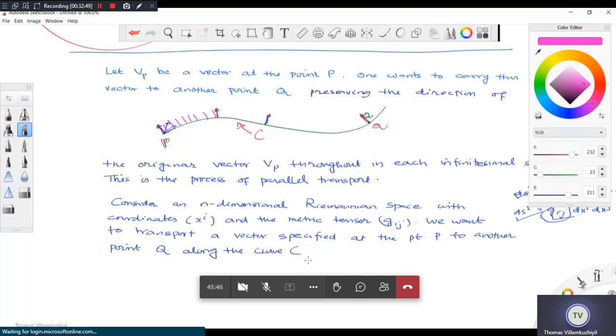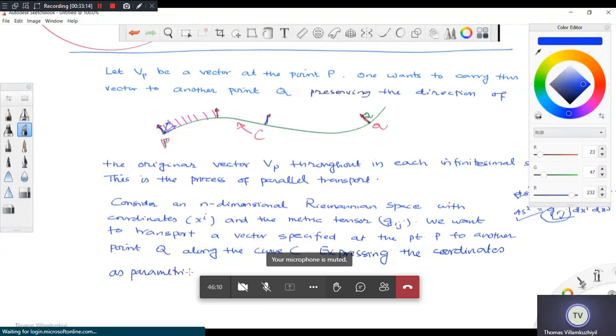Expressing the coordinates as parametric, in the form xi, the parameter is lambda.